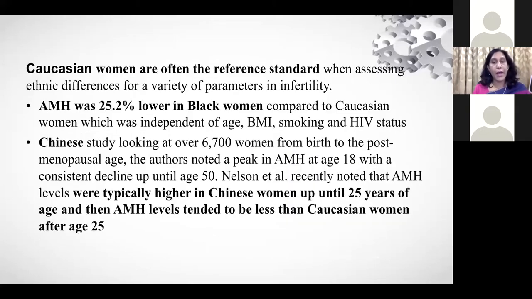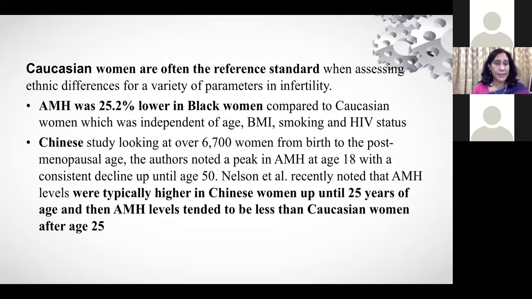Caucasian women are often the reference standard when we assess the ethnic differences for a variety of parameters in infertility, and they found that the AMH was 25% lower in Black women compared to Caucasian women, which was independent of age, BMI, smoking, HIV.